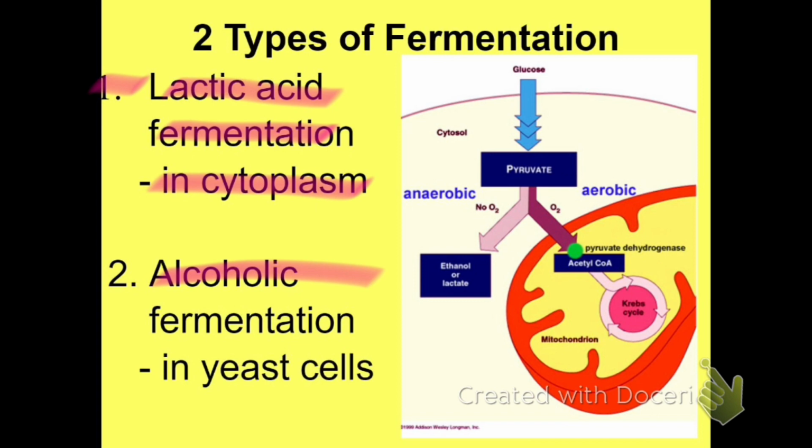So there's actually also alcoholic fermentation, but this is predominantly in yeast cells. 2 types of fermentation. Remember, this is cellular respiration without enough oxygen present. The first is lactic acid, happens in the cytoplasm. The second is alcoholic fermentation, predominantly in yeast cells.